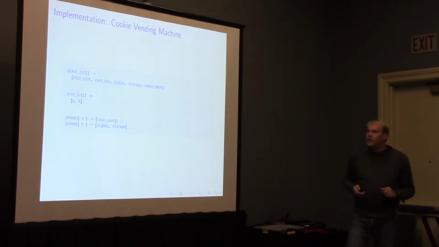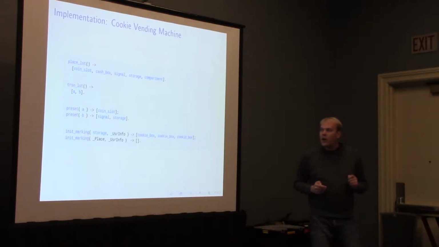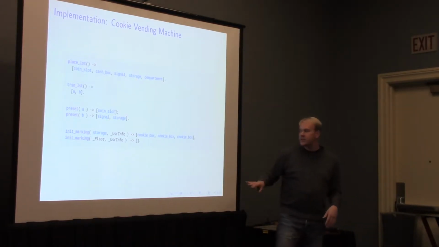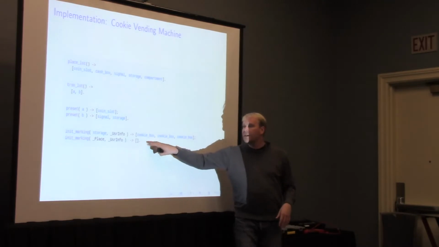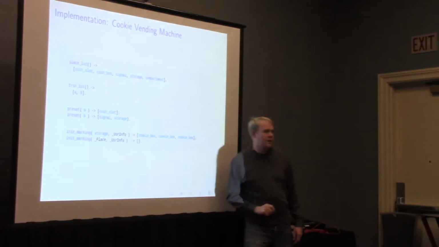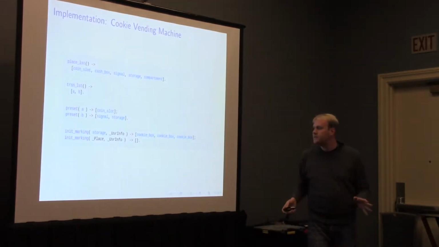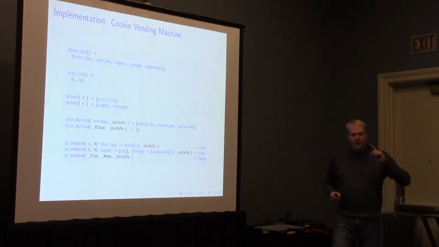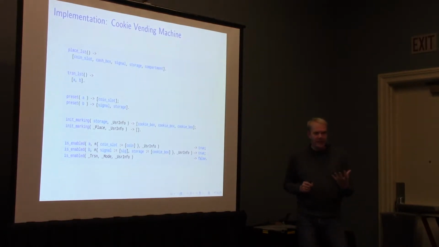And the next thing I need to know is what the initial marking of the net is. The initial marking just contains the 3 cookie boxes in the storage, and everything else is empty. And the next to last thing I need to know is when a transition is enabled.